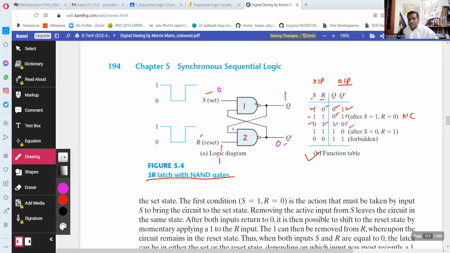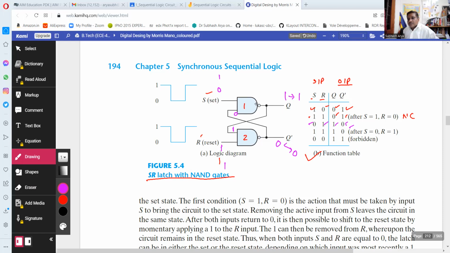Now after this, if 1 is available, 1 and 1. As you know, if the input of a NAND gate is 1, we cannot take a decision on what the output shall be. We have to look at the status of the other input also. So in that case, we see Q is equal to 1 and R is already 1. So 1 will be 0. And the 0 is coming here. 0 and 1 will make output 1.